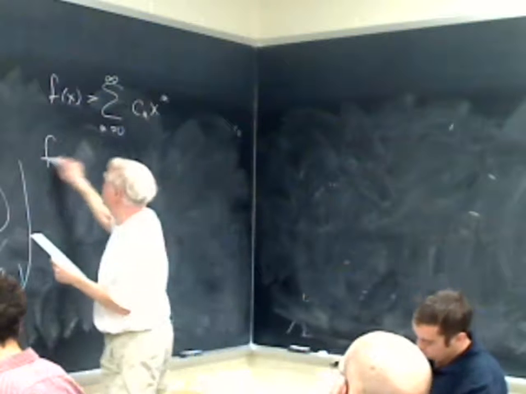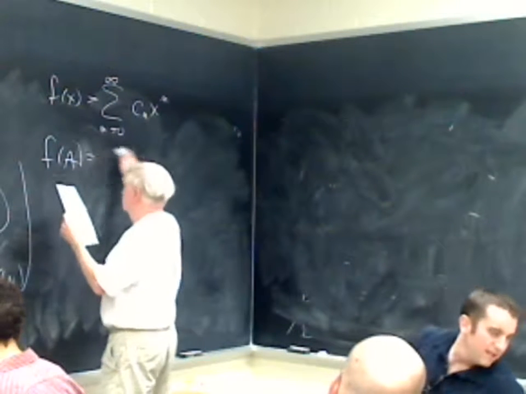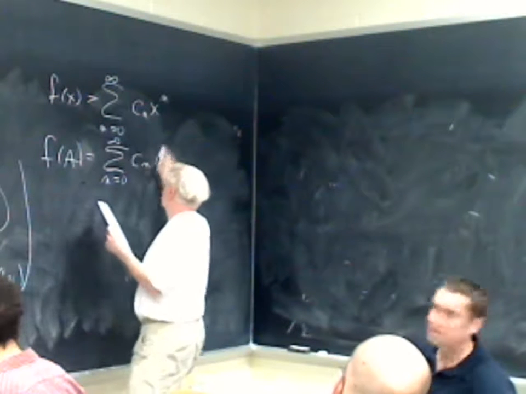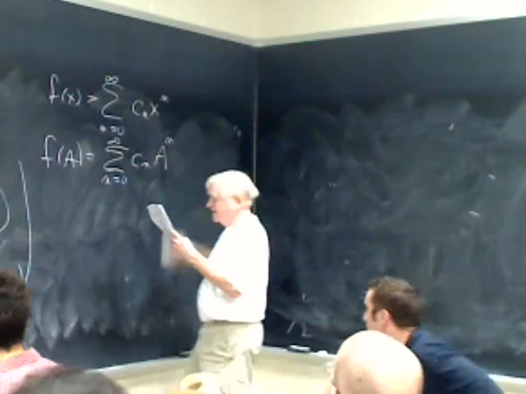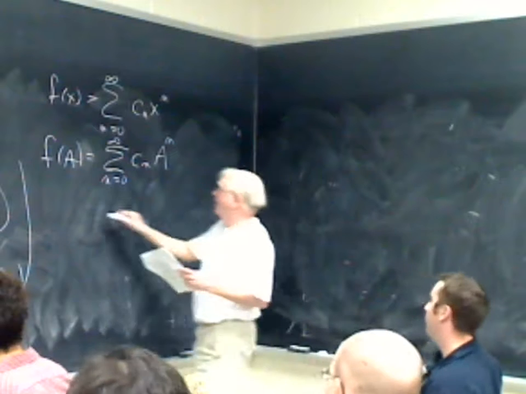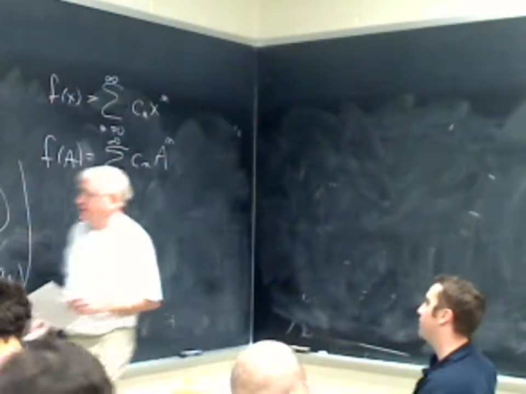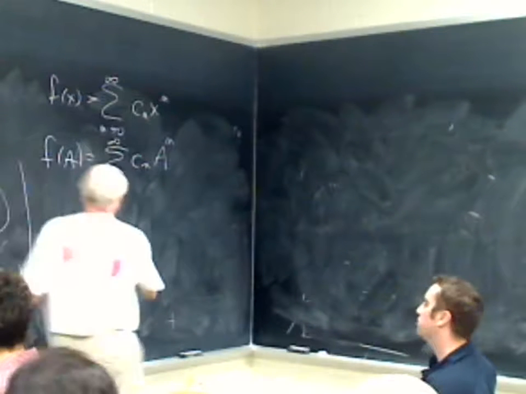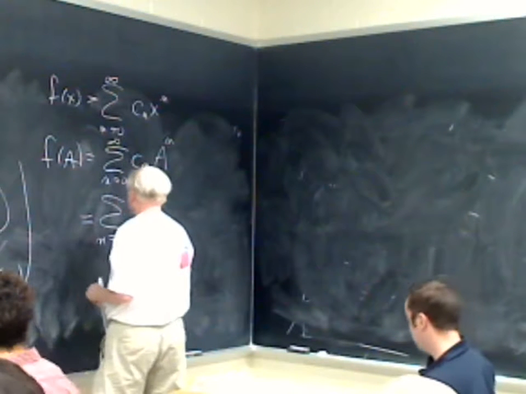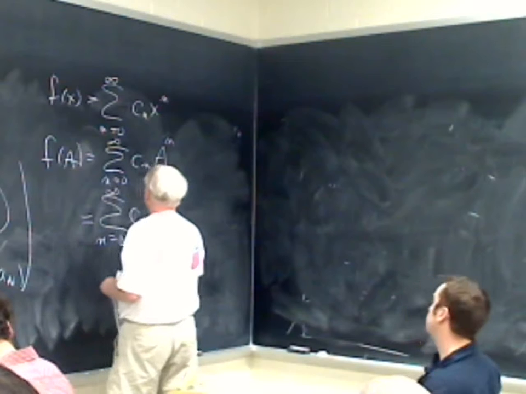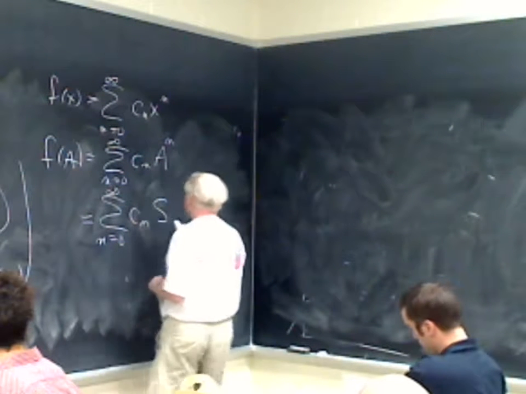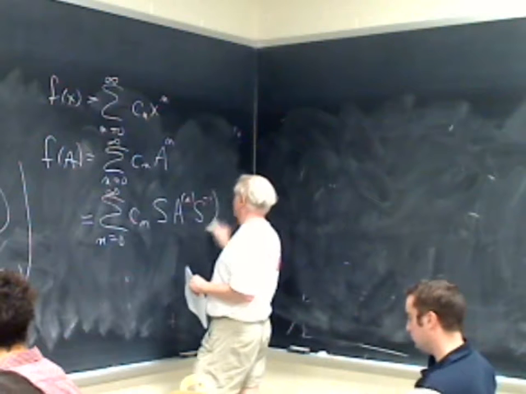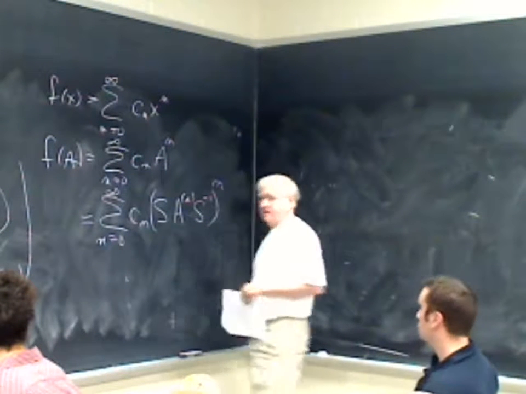Then we'd expect f of A to be the sum n equals 0 to infinity of c sub n A to the n. On the other hand, we can use this expression for A. So this is the sum n equals 0 to infinity c sub n, S A diagonal S inverse, raised to the power n.